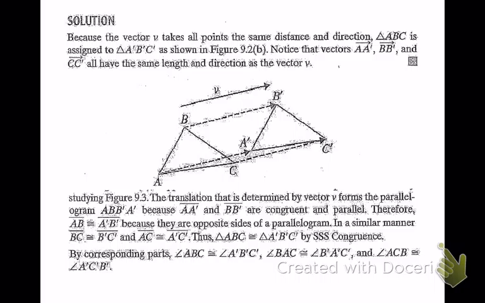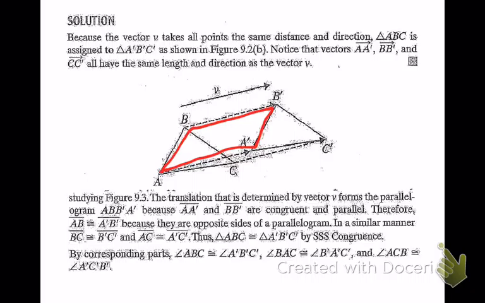The translation that is determined by a vector V forms a parallelogram A, B, B prime, A prime. Okay, so we have this translation. You can see that it forms a parallelogram. That's the parallelogram they're talking about. Because A A prime and B B prime are congruent and parallel, therefore AB is congruent to A prime B prime, because they're opposite sides of a parallelogram.